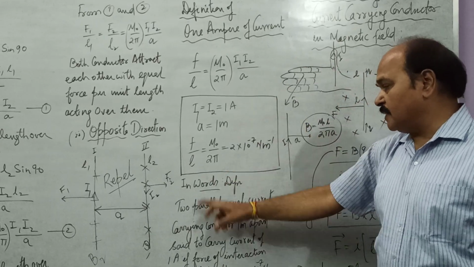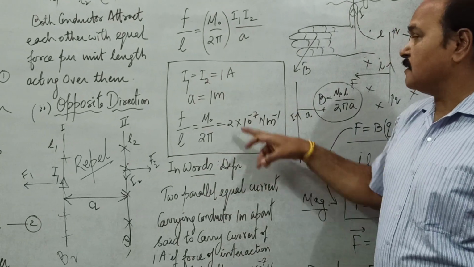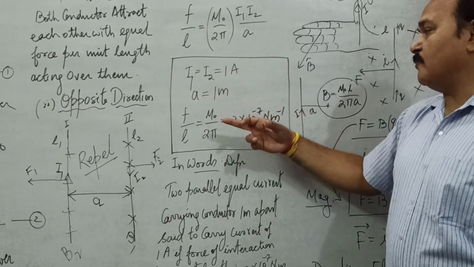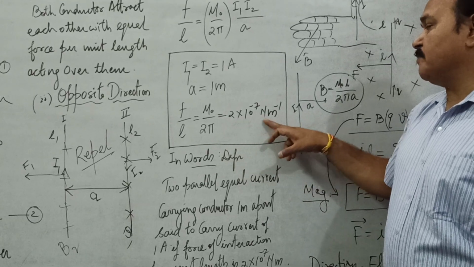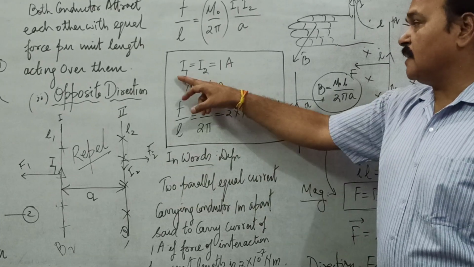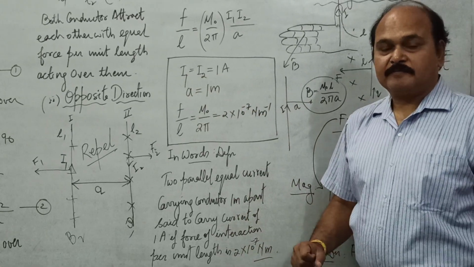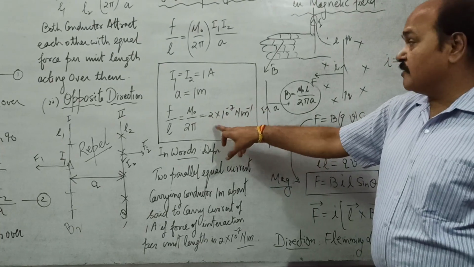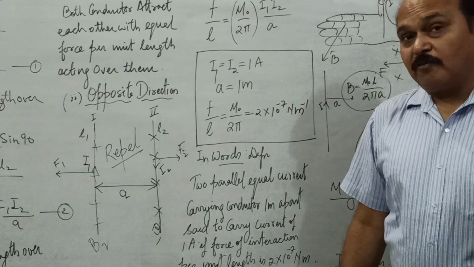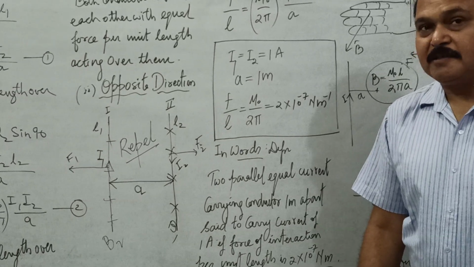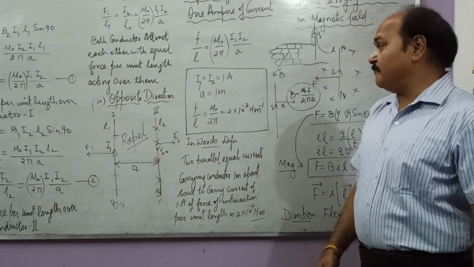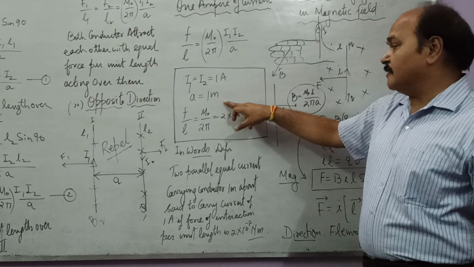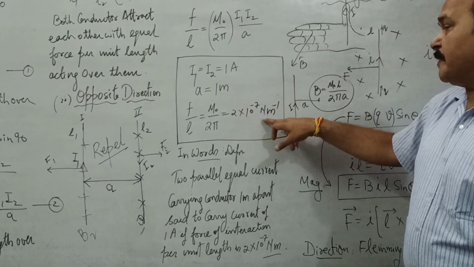Well, one way is written here. Two parallel equal current carrying conductors 1 meter apart, if they exert a force of 2 into 10 to the power minus 7 Newton per meter over each other, then the current in the conductors is said to be 1 ampere. 1 ampere is that current which when flowing through two conductors 1 meter apart makes the conductors experience a force of 2 into 10 to the power minus 7 Newton per meter.